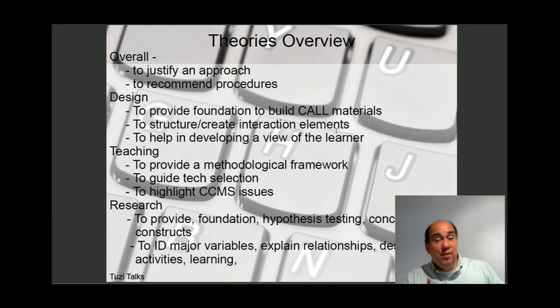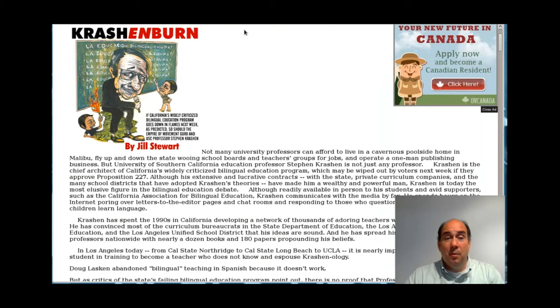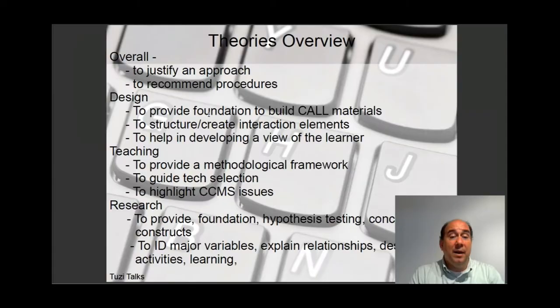Okay, we're going to have this Krashen theory. Let's test it and see if it works. As I tried to show you earlier with this crash and burn, basically you saw somebody who took his ideas and tested them out, and then we saw what happened as a result of those. Researchers also use theories to identify variables. They try to explain relationships, or try to design activities or learning opportunities. That's the reason for all these theories.